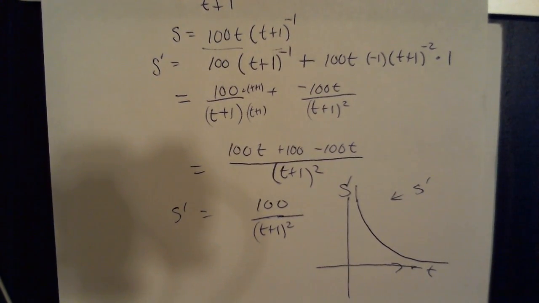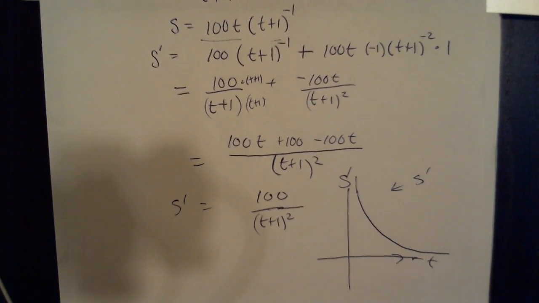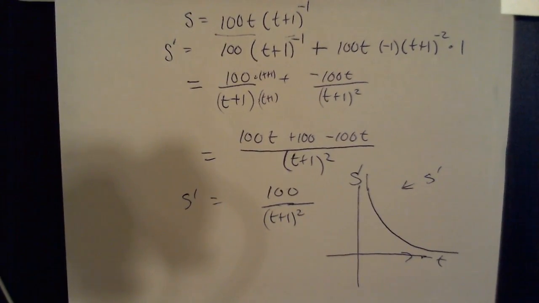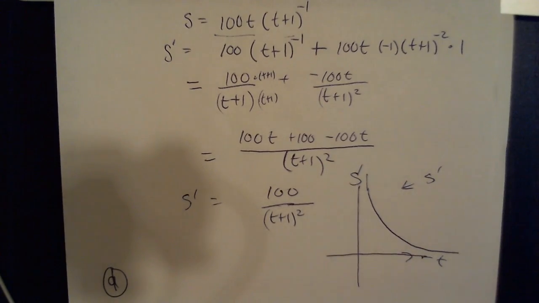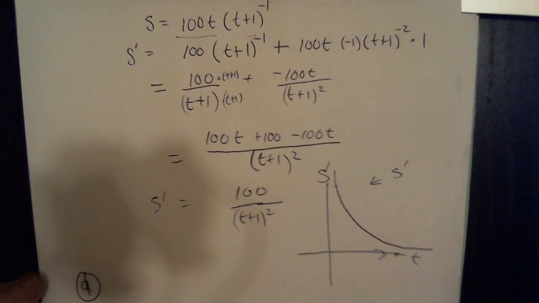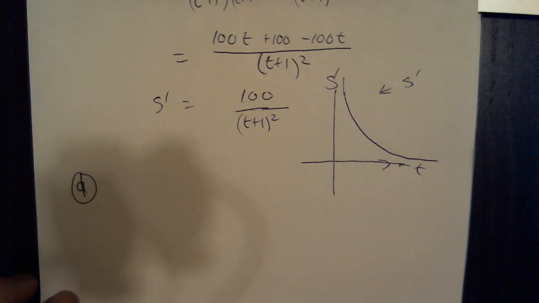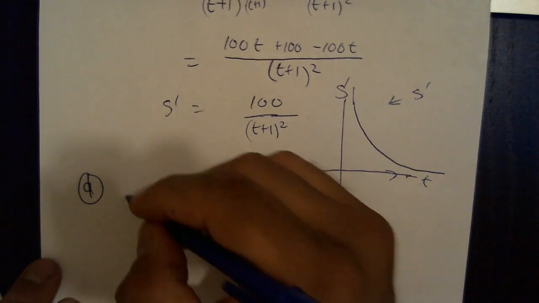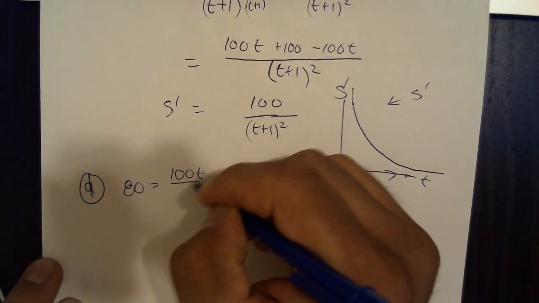Now here, at what time is the marble 80 meters from the starting point? For D and E, so for D, what we want to do is solve, at what time is the marble 80 meters from its starting point? We want to solve for t here.